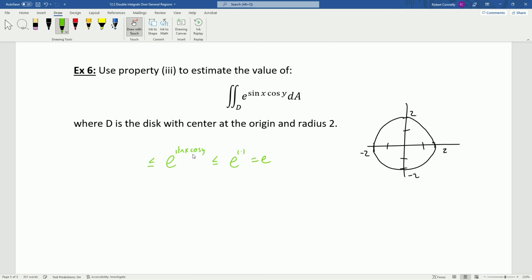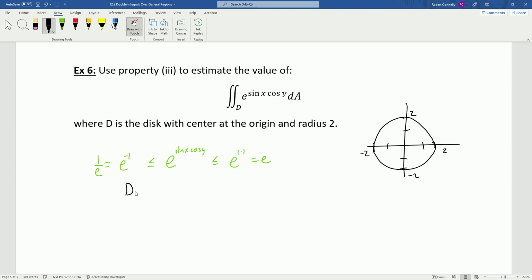And the minimum value they can take is negative 1. So negative 1 and negative 1, which wouldn't work. So negative 1 times 1 would give you negative 1. So the minimum value this has to take is e to the negative first power, which is 1 over e.